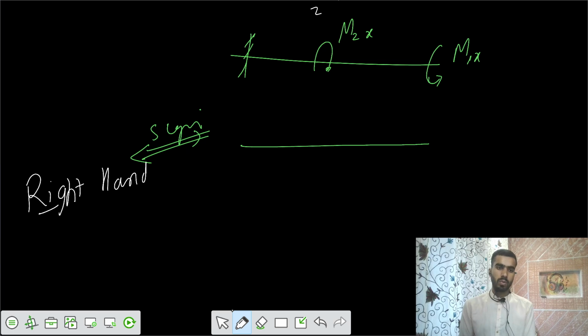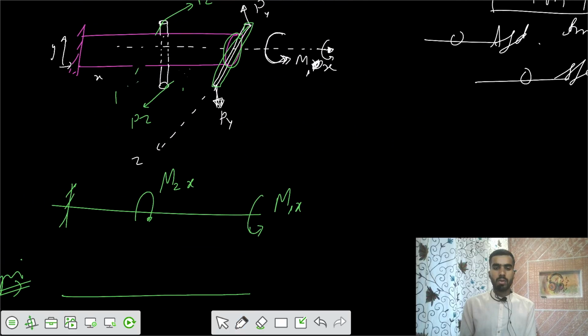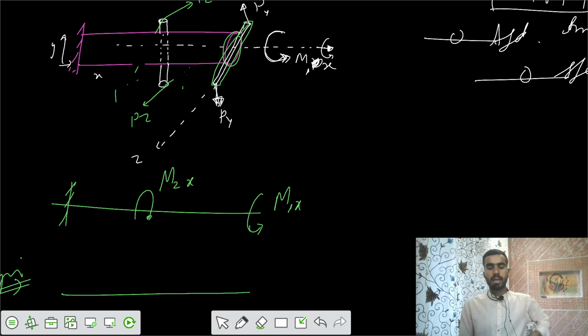Use the right hand, and you see that the moment M1X is in the anti-clockwise direction. So your right hand, you should rotate it in the anti-clockwise direction. So moment M1X is applied in the anti-clockwise direction. But how can you show that it's anti-clockwise?